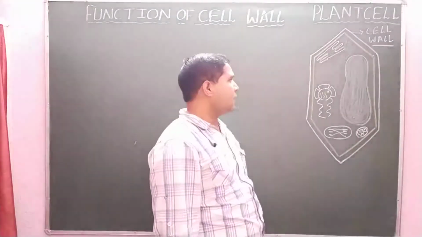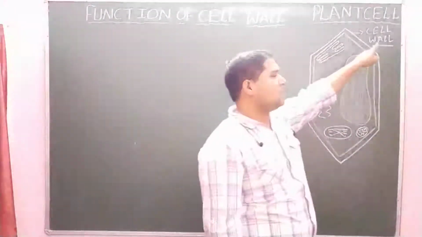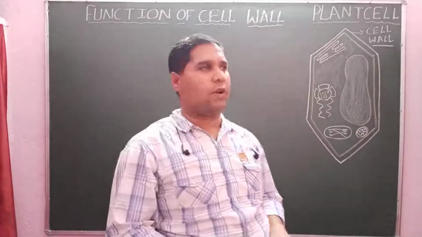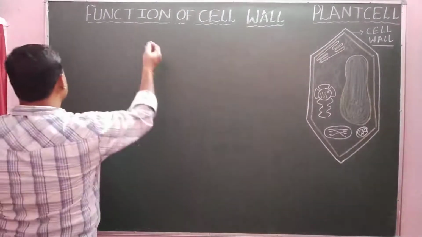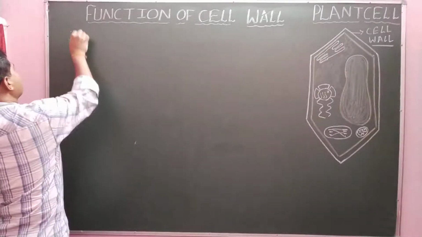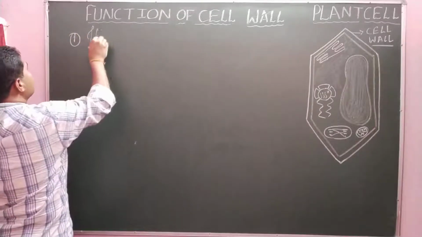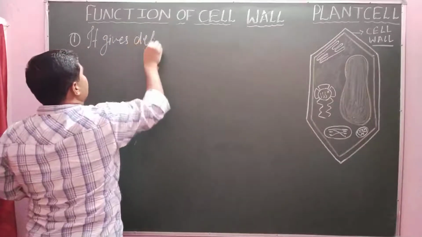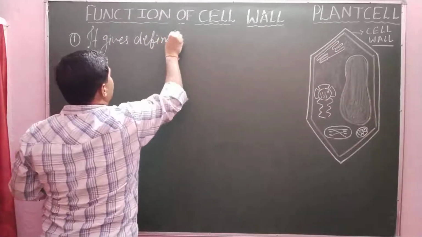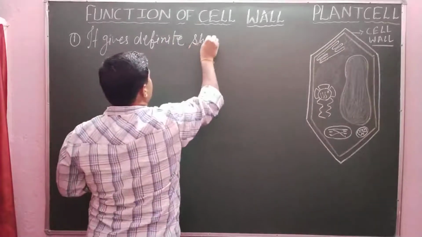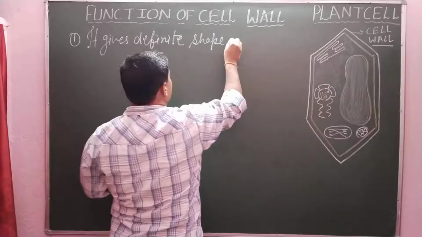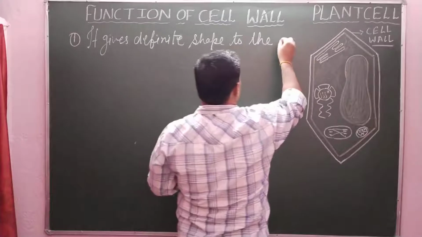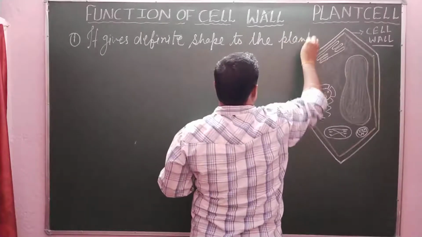So dear student, now I am going to explain to you the functions of the cell wall. So let us know what the functions of the cell wall are. First, it gives definite shape to the plant cell.